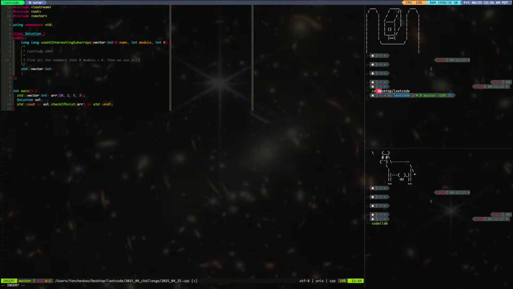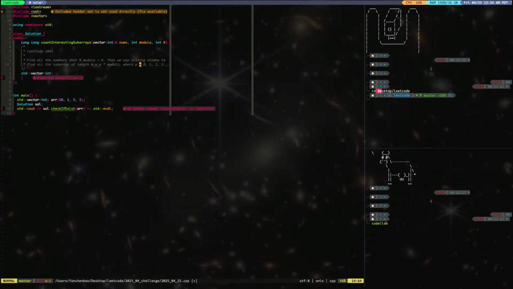Then we use sliding window to find all the subarrays of length k plus p times modulo, where p equal to 0, 1, 2. To find all the, put them in a vector.